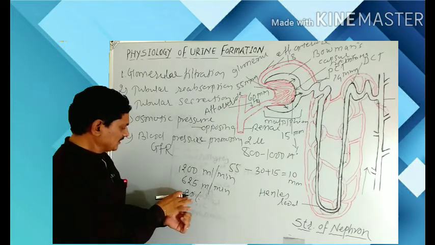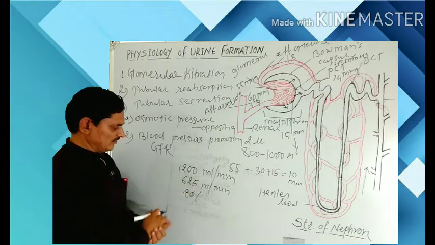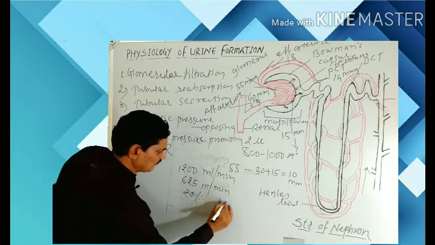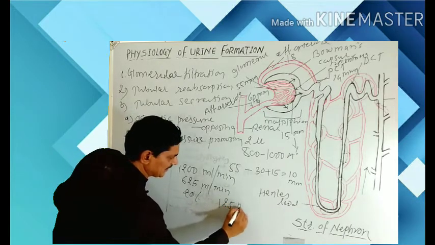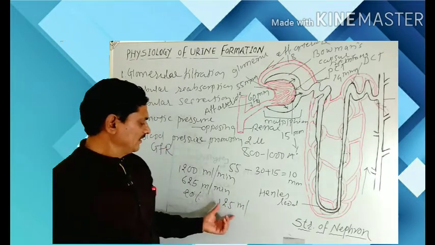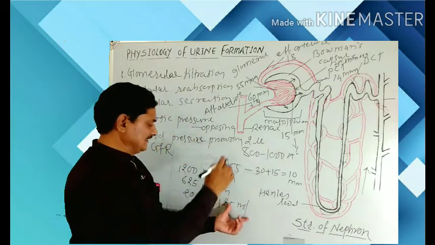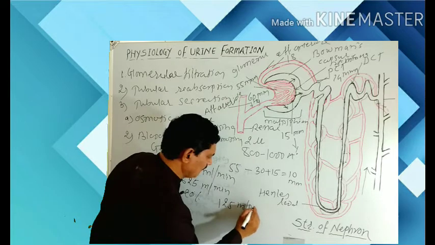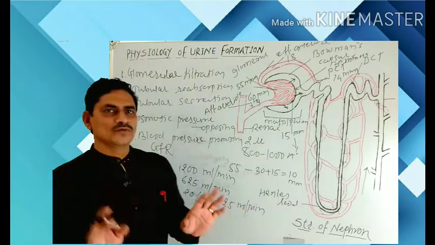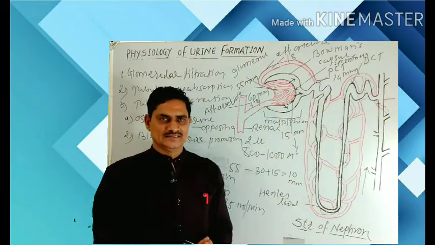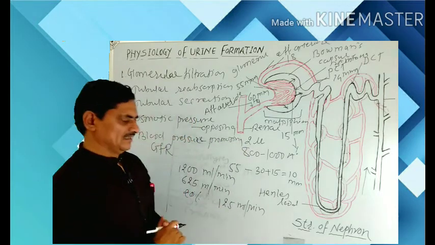Therefore, 20% of this 625 is 125 ml. 125 ml of the filtrate is formed per minute through both kidneys. It is in 1 minute.